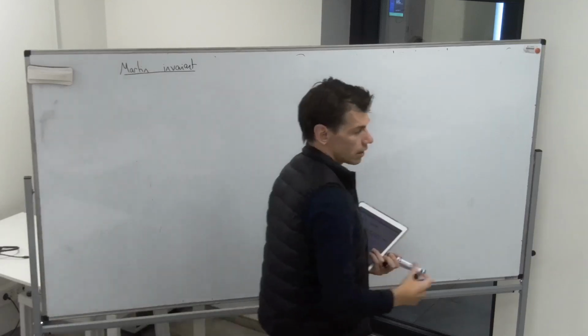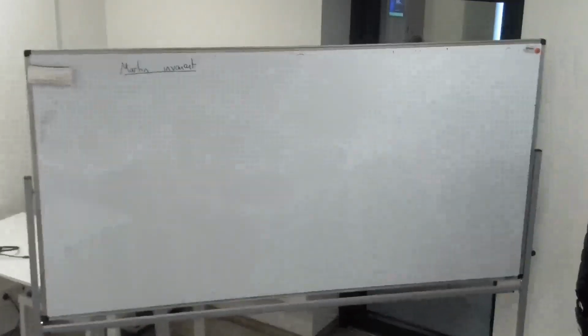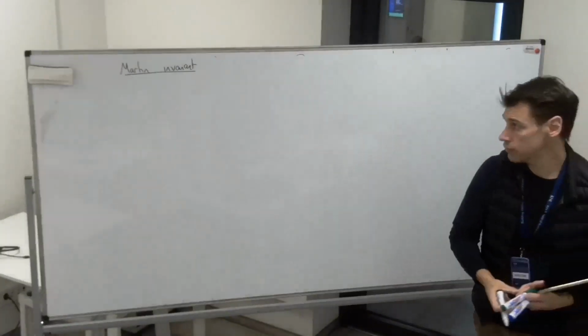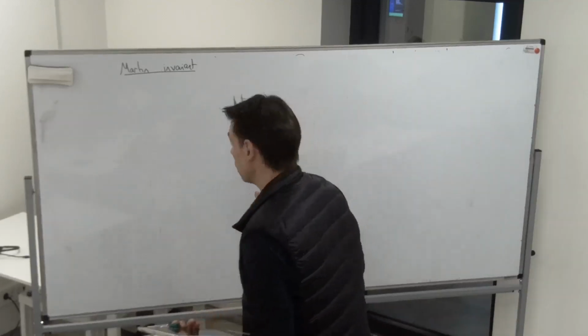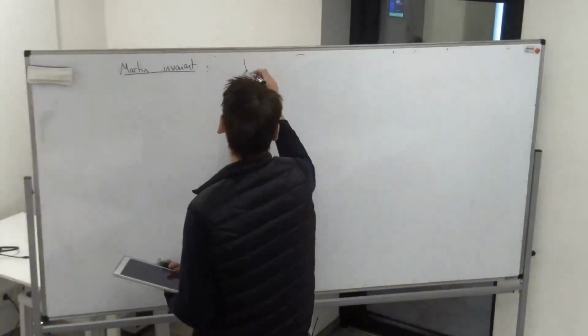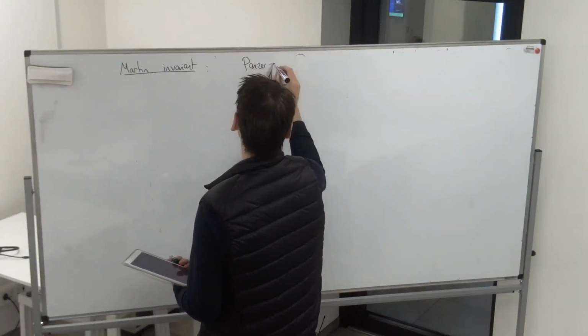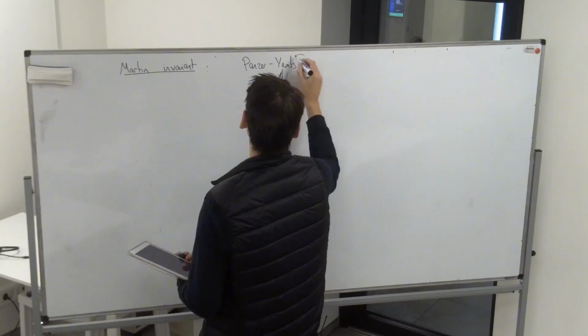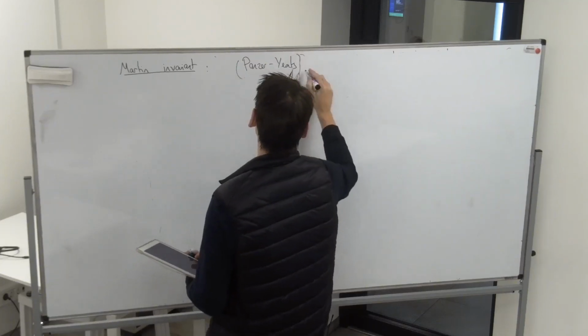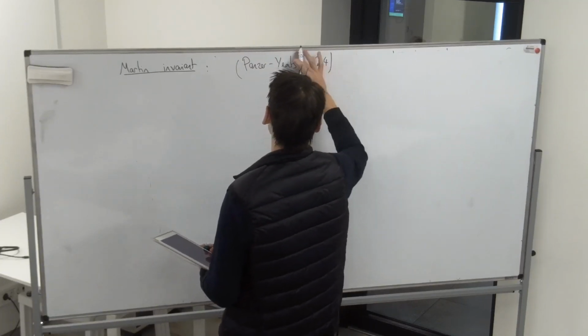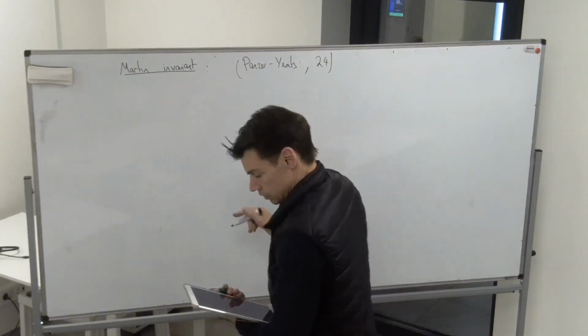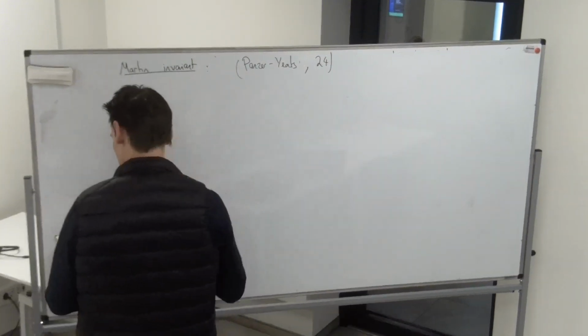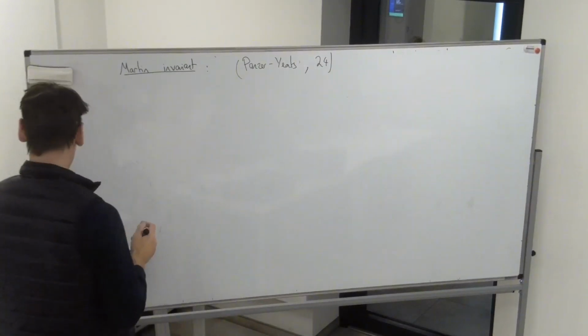And this is just to illustrate this idea of the diagonal is a machine for generating lots of very interesting mathematics with very little effort. This is in a very recent paper of Panzer and Yates from 24 on the archive. They call this the Martin invariant. It's related to something that Martin did many years ago.